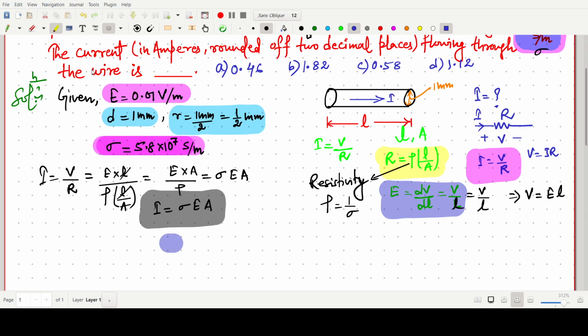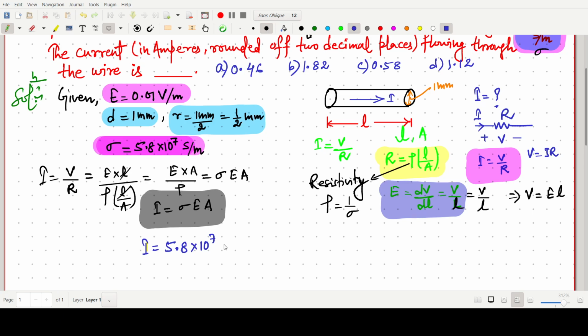I am taking blue color. Sigma value is given: 5.8 into 10 to the power 7. This is Siemens, and Siemens is nothing but simply ohm inverse.